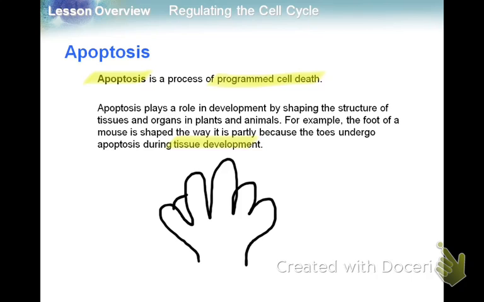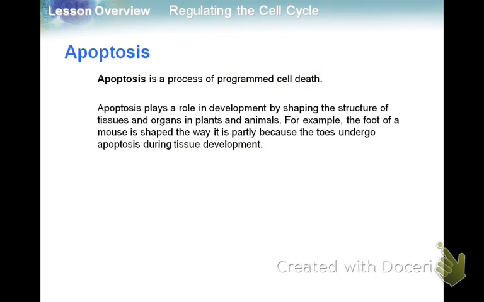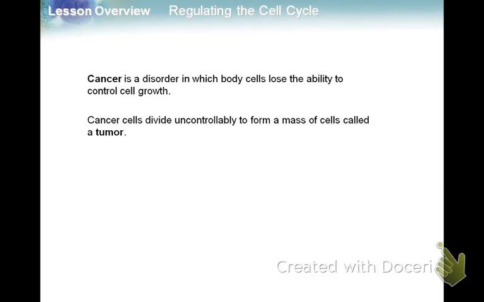At one point, there were webs between all these fingers, and these cells in between, right here, right here, right here, died off. Apoptosis, programmed cell death. So it helps shape structures, like between the digits, the way it's supposed to. Gets rid of the webbing. And also, like I said, if cells aren't functioning properly, they should also check out as well.